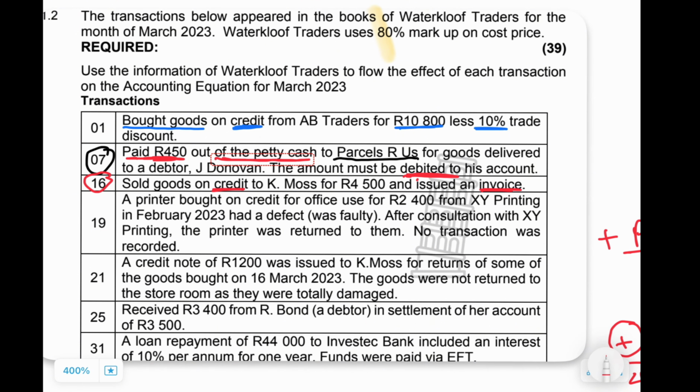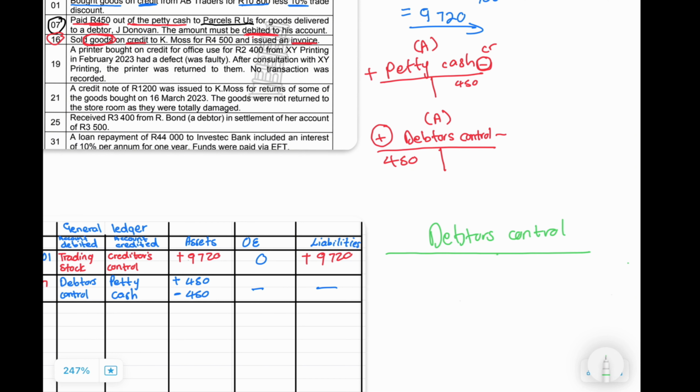So two accounts which are affected will be debtors control. Why? Because we sold on credit. We sold to one of our debtors, meaning the value of debtors in our business is increasing. And we said already that debtors control is an asset account, which means it increases on the debit side and decreases on the credit side.